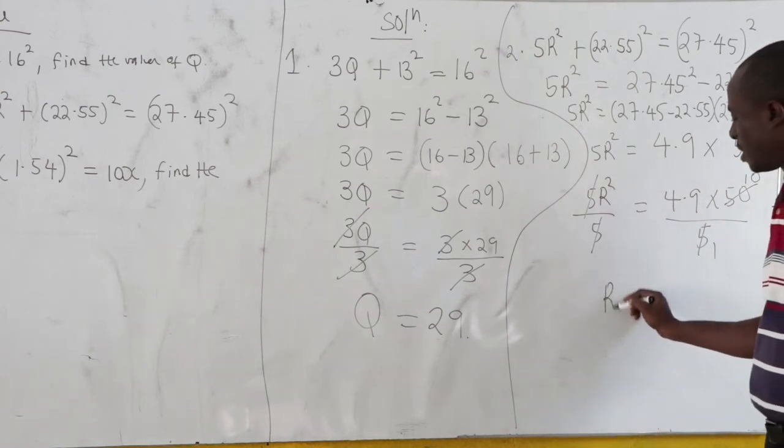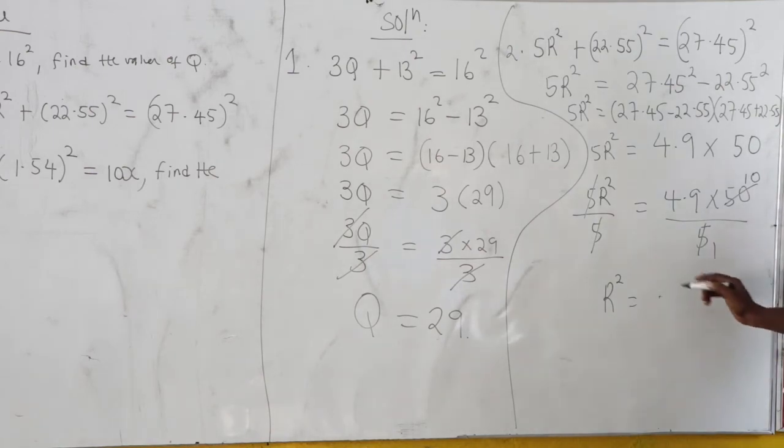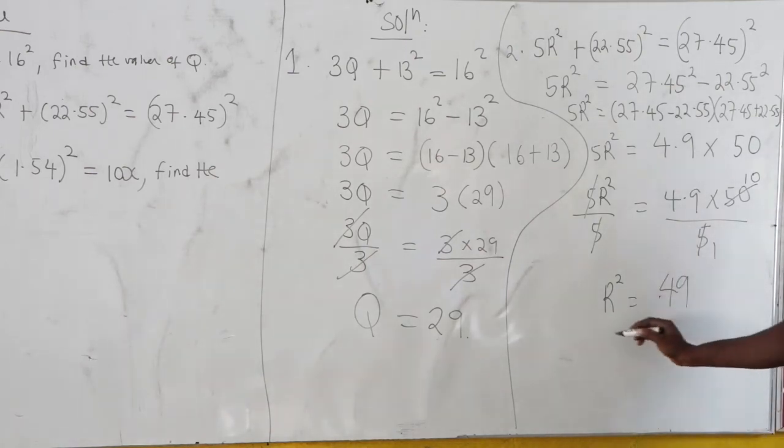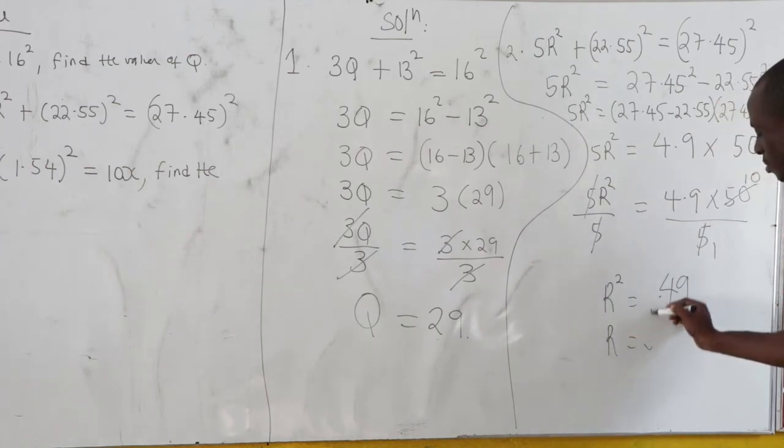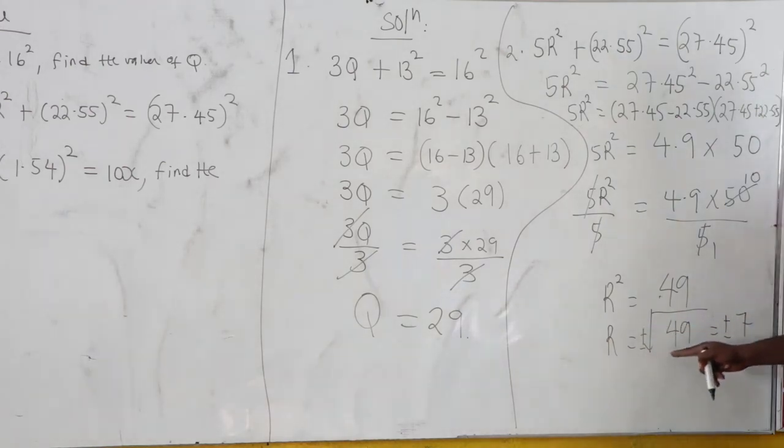So we have r squared equal to 4.9 times 10, which is just 49. Square will change to square root, so r equals the square root of 49, which is plus or minus 7. Don't forget, anytime you take a square root, that is plus or minus.